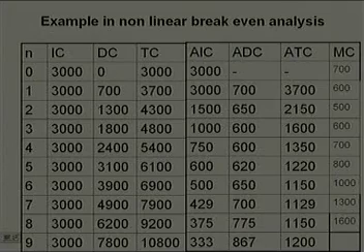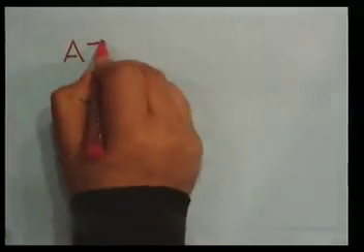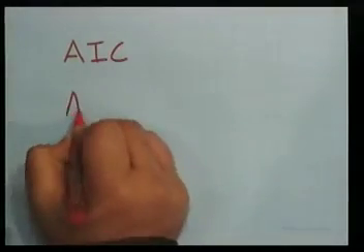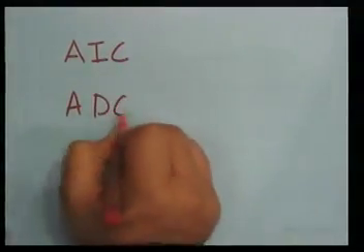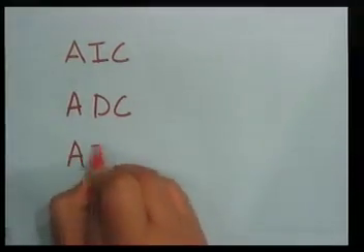For example, if you are producing 1 unit, your average indirect cost would be 3000 divided by 1. If you are producing 2 units, your average indirect cost is going to be 3000 divided by 2, which will be 1500. So, basically, we are calculating average indirect cost, average direct cost, and finally average total cost.